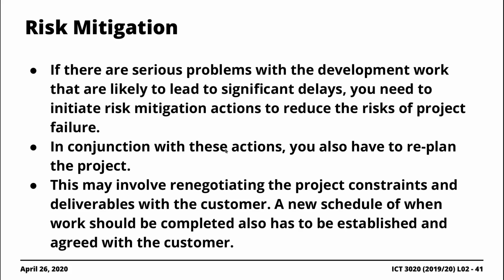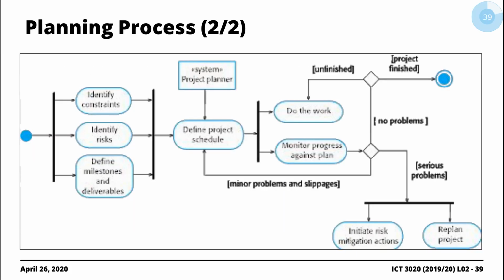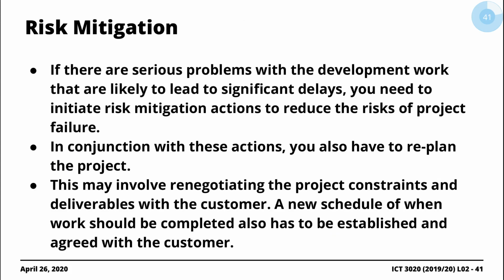And of course, tied to these mitigation actions, like we said in this flowchart here, you need to constantly replan the project. In certain instances, this might involve meeting your customers and trying to negotiate certain things, perhaps the timelines associated with the project.